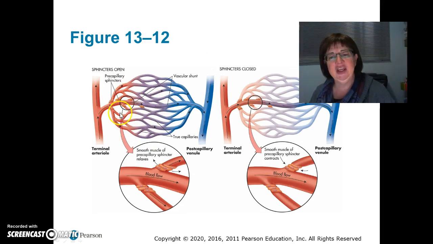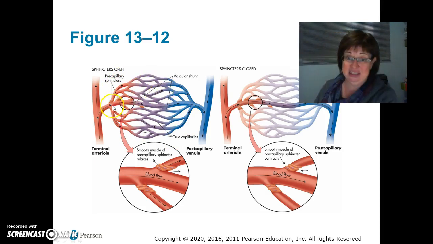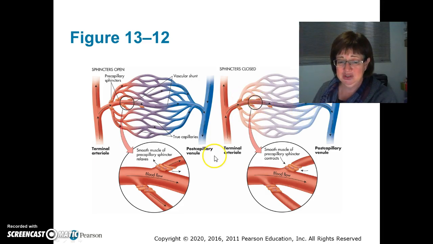When we talk about the sympathetic nervous system shutting down a system such as the digestive system, there are these precapillary sphincters which will close and shunt the blood somewhere else. So if they're open, blood travels. If they're closed, blood is shunted somewhere else. And that is just a way to put a lot of blood into the area. So if your muscles are contracting, you want a lot of blood to go to your muscles. If your sympathetic nervous system is taking the blood away from your digestive system, you're closing the sphincters.